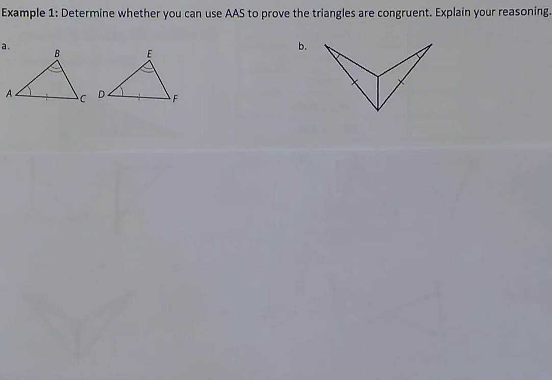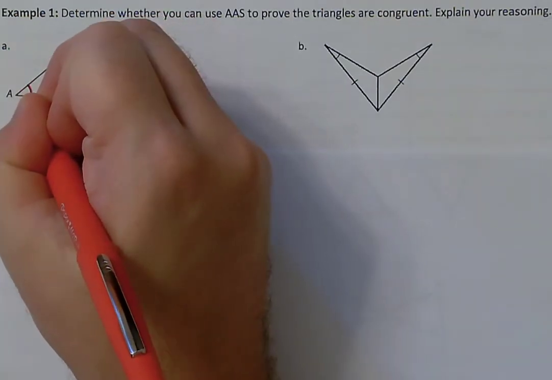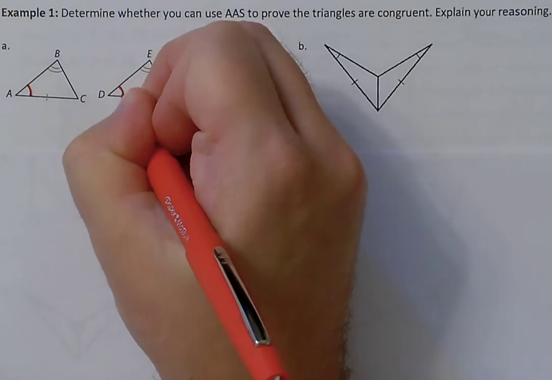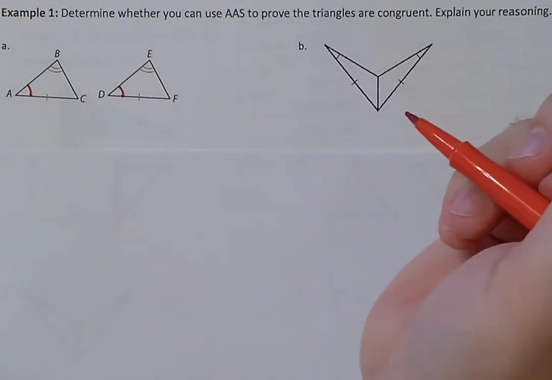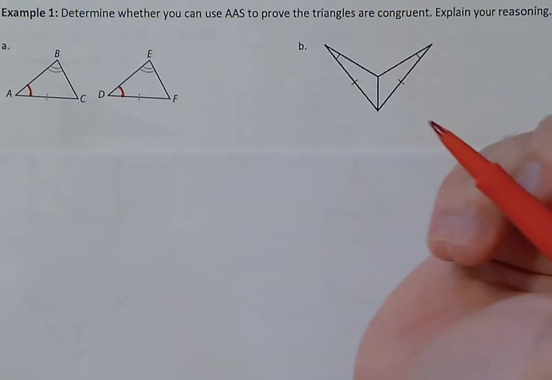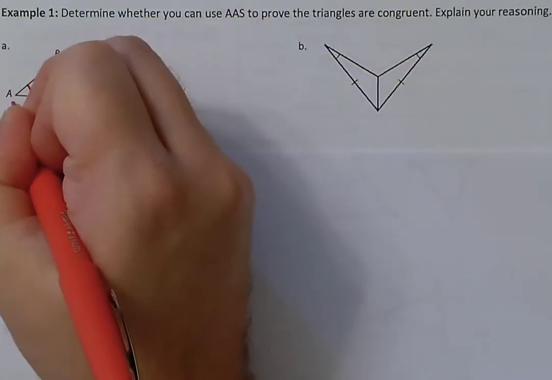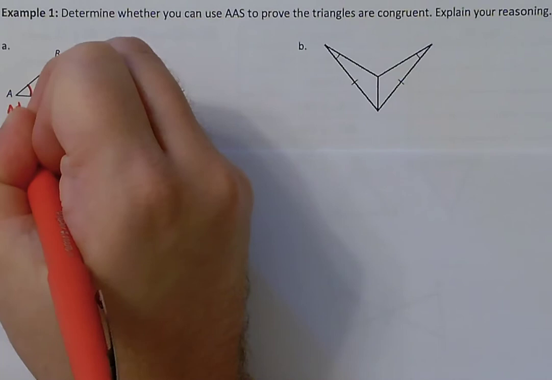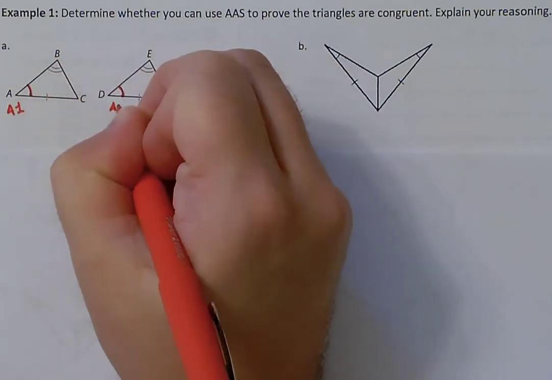We have to determine if we have enough information to prove these two triangles congruent. Well, first thing I know is that angle A is congruent to angle D, and just to help keep order matching and make sure that they do match, we're going to call this angle 1. So I have an angle 1.